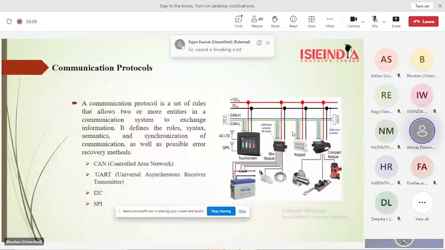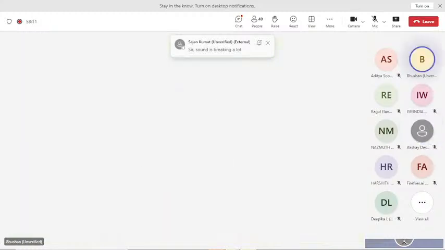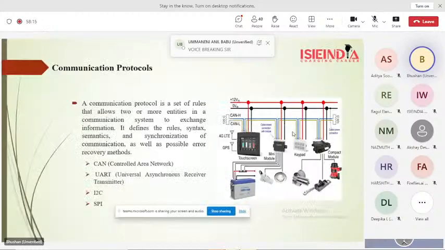Hello. In the battery management system we are using the CAN protocol, Controller Area Network, because CAN is very robust. It can communicate one-to-two and one-to-three, without disturbing any data, and without noise affecting the frequency of the signal.